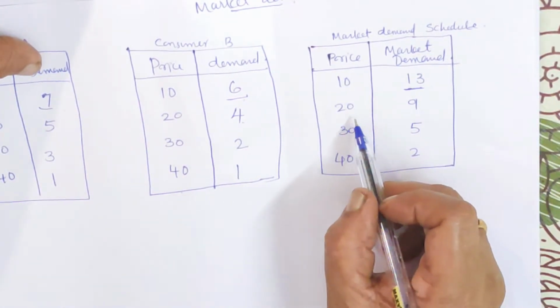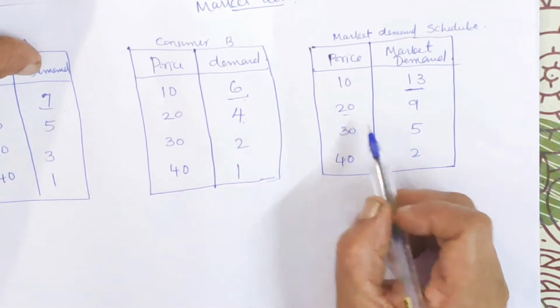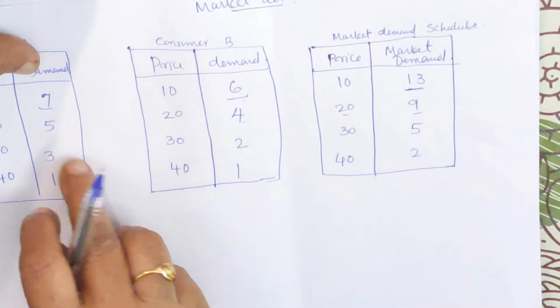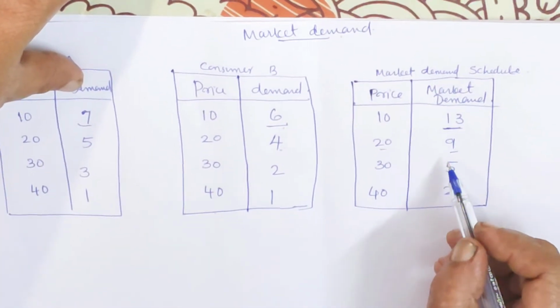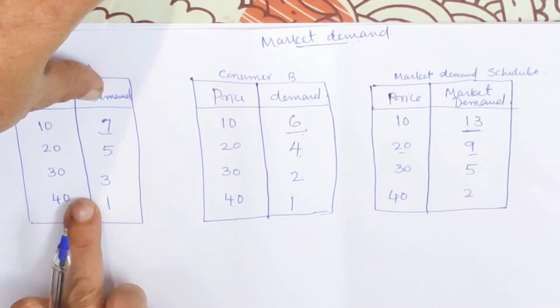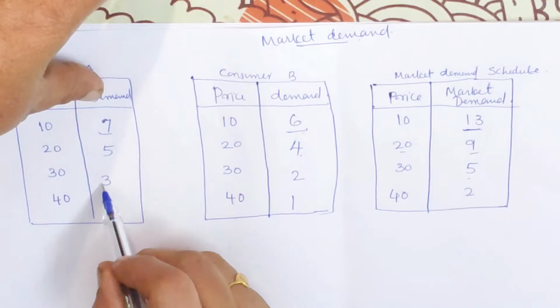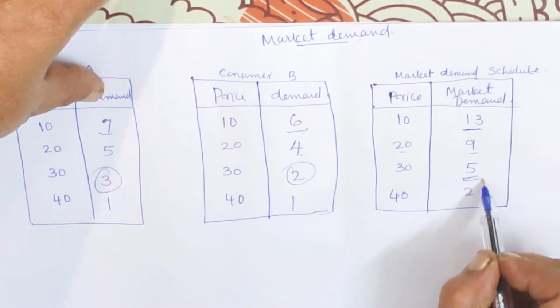Then when the market price of that commodity is 20, the demand is equal to 9: 5 plus 4 is equal to 9. When price increases to 30, market demand is equal to 5: 3 plus 2 is equal to 5.